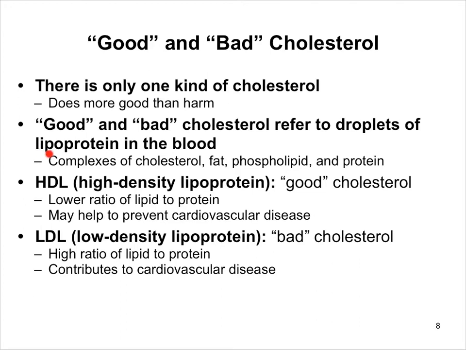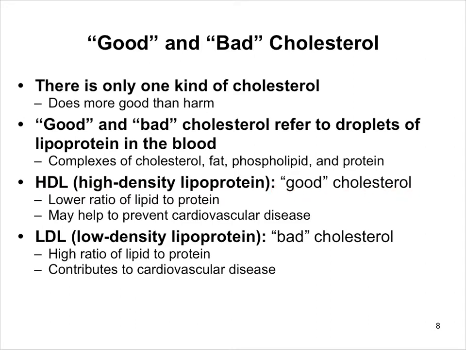These lipoproteins bind cholesterol as well as fats and phospholipids to move them around the body, because again, fats and phospholipids can't move on their own. There are multiple types of these lipoproteins. Actually, there's only a few types, but HDL, high density lipoproteins, are what are thought of as the good cholesterol.